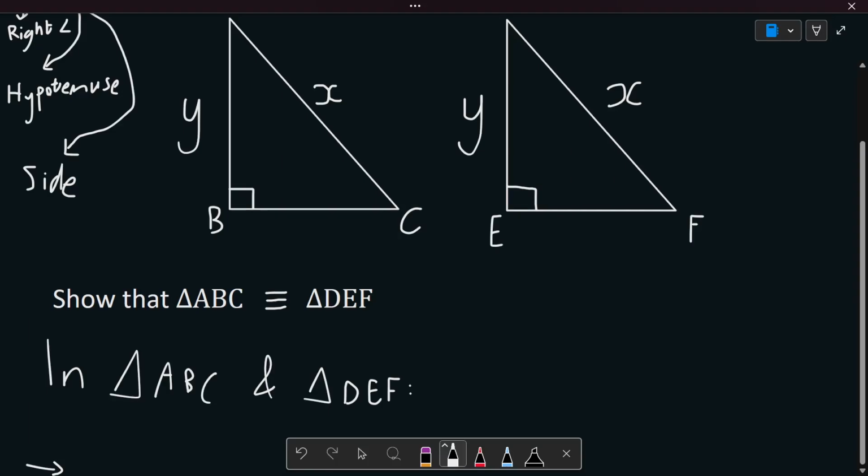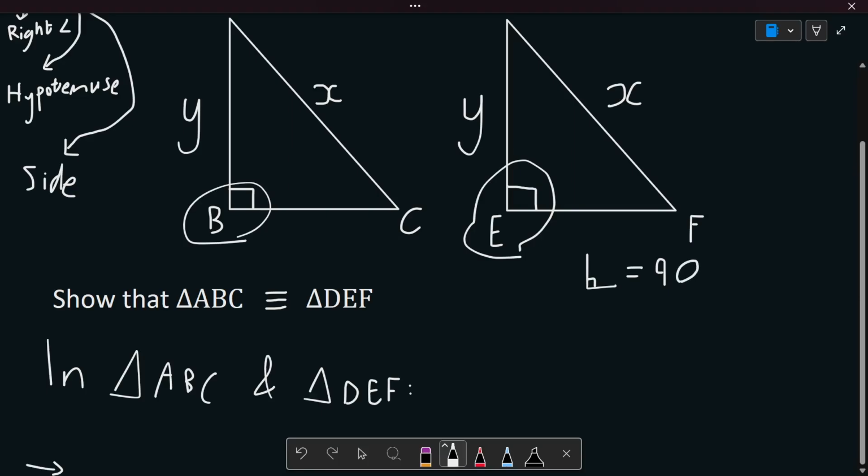Our first thing that we are going to be comparing, let's look at the right angle over here. Where's our right angle? We can clearly see it's at angle B, and there's also a right angle over here. A right angle is going to be equal to 90 degrees.